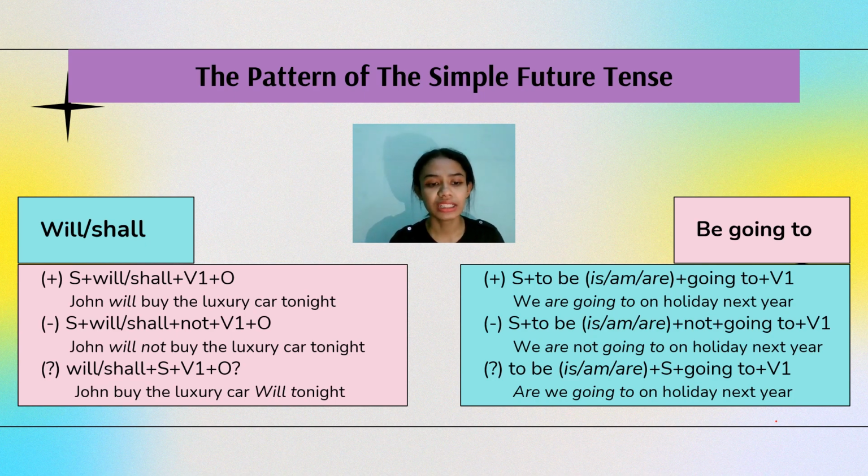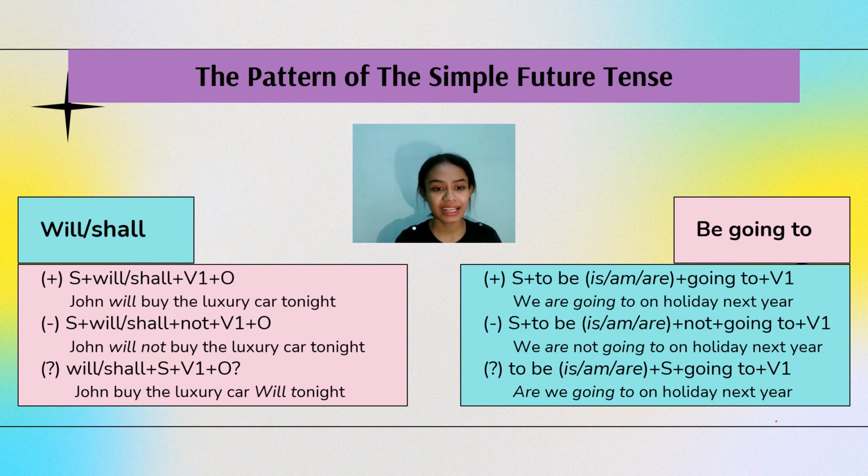For will or shall, the pattern is: affirmative sentence, subject plus will or shall, plus verb 1, plus object. Negative sentence, subject plus will or shall, plus not, plus verb 1, plus object. Interrogative sentence, it starts with will or shall, plus subject, plus verb 1, plus object.